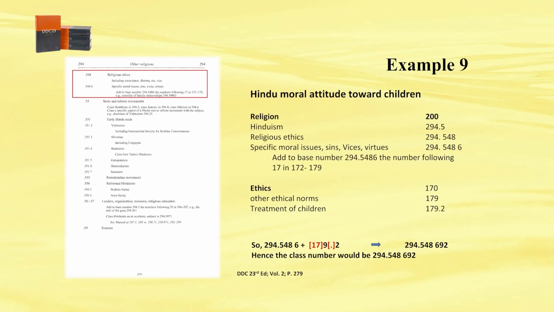So treatment of the children is 179.2. As per the instruction, we have to add the number of treatment of children with Hindu religious ethics. The religious ethics of Hinduism was 294.5486.